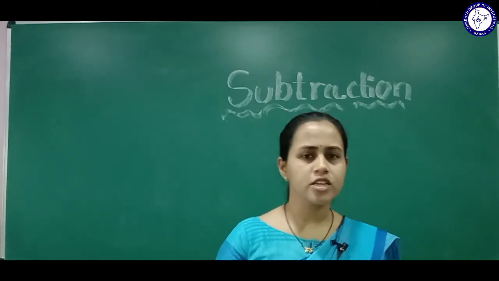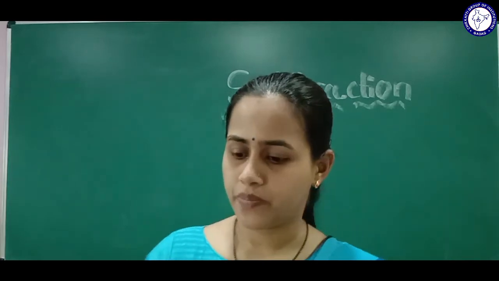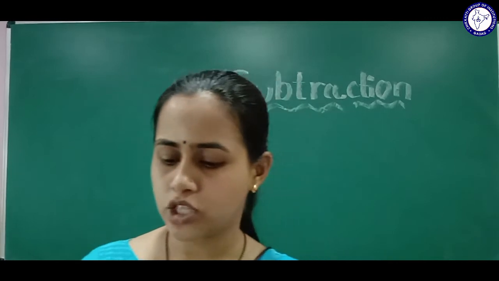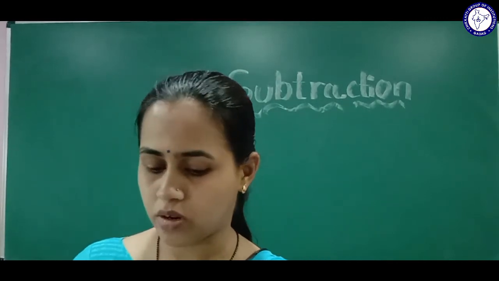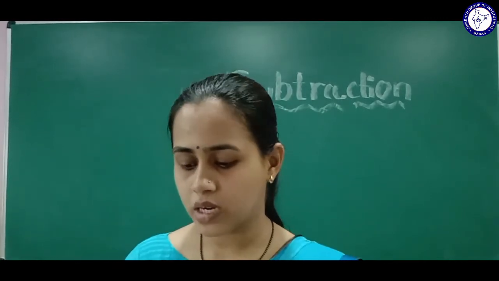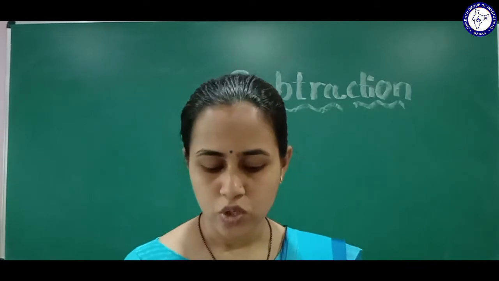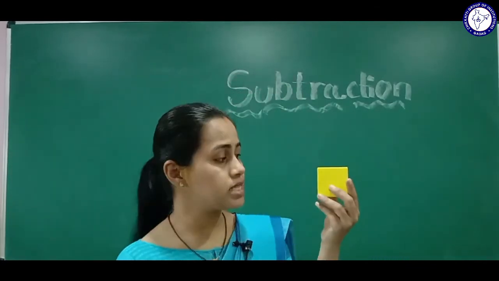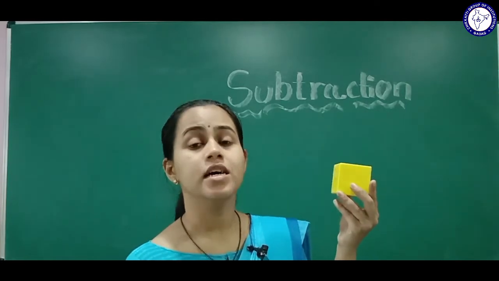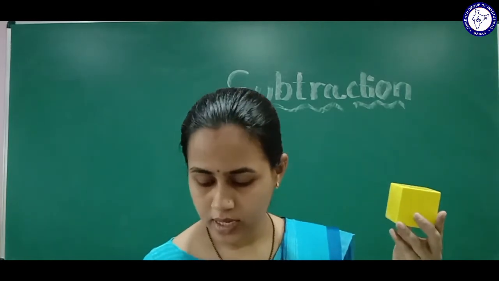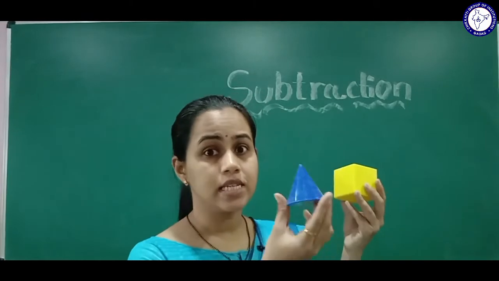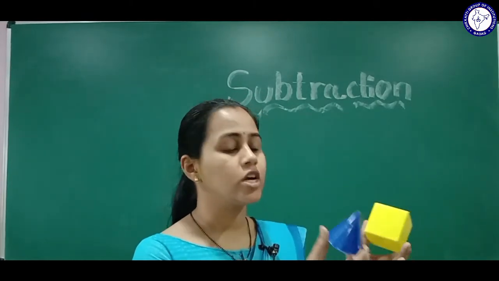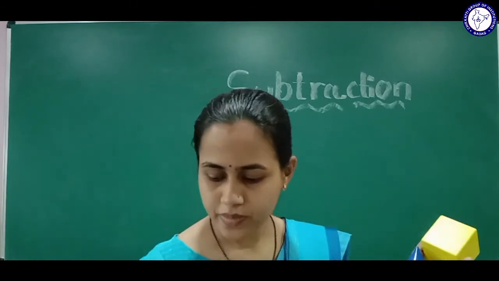I'll just give you some examples here. I'll show you some shapes. You have learned about shapes also, right? Here are the shapes I have. What is this? It's a square. Sorry, this is a cone.